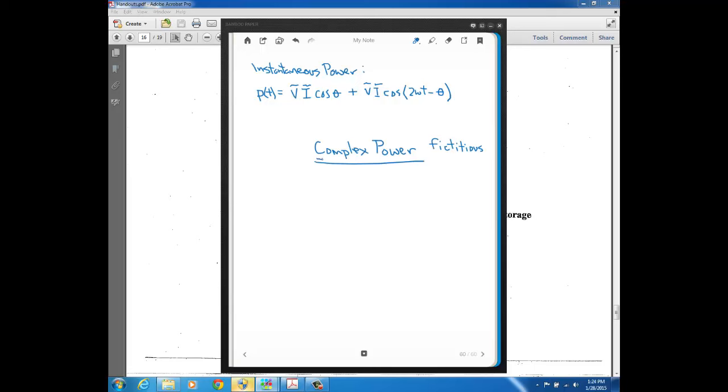The way complex power is defined, we use S to represent it, and it's the RMS voltage across an impedance times the complex conjugate of the RMS current through the impedance. So it's V times the complex conjugate of I, these quantities being for your impedance.